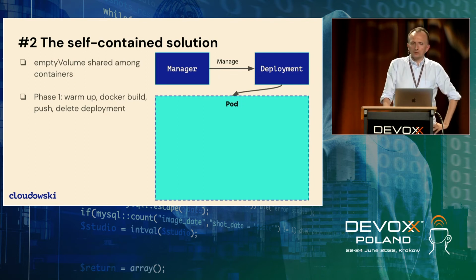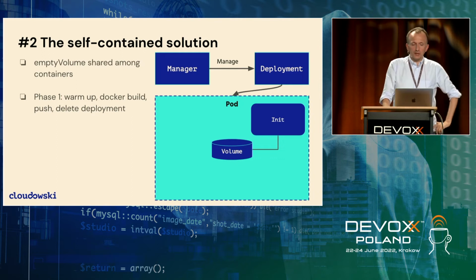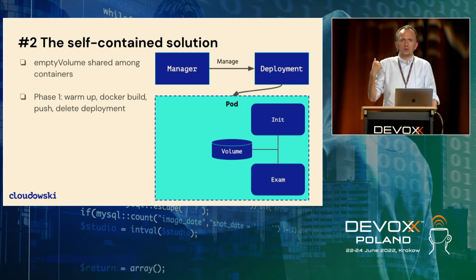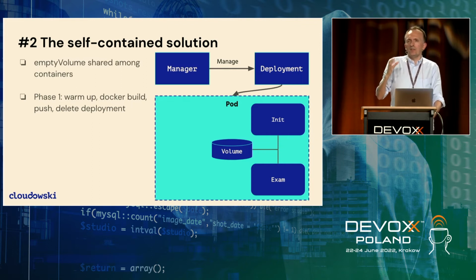But in this pod, we have a couple of containers, and all of them, the initialization container and the main container, write to an empty volume. So we decided not to use persistent volumes. We decided to use an empty volume.